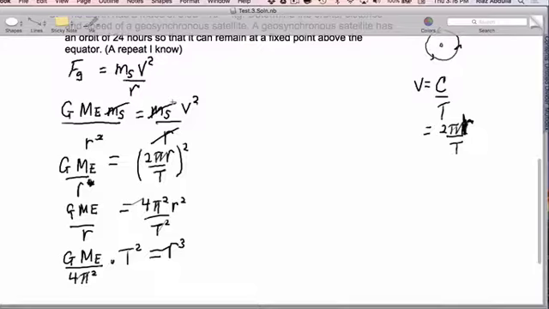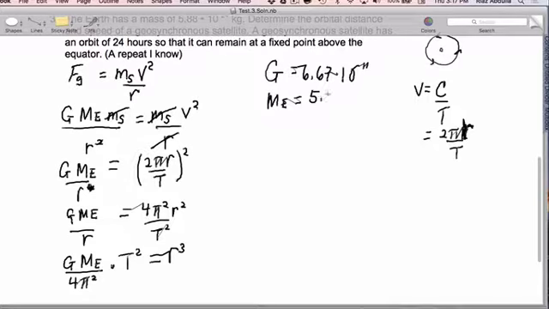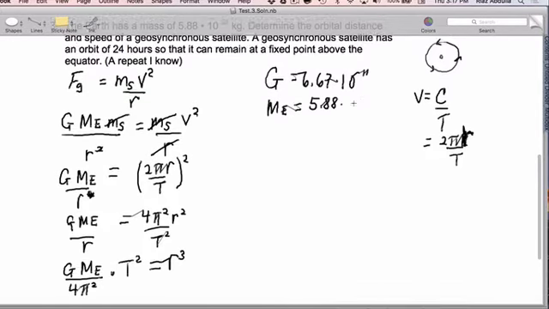So let's look at the numbers we need to plug into this formula. G is going to be 6.67 times 10 to the negative 11th. Mass of the Earth is going to be 5.88 times 10 to the 24th.